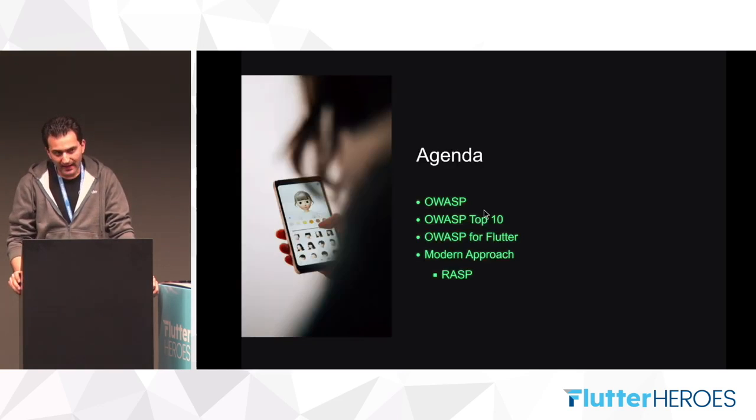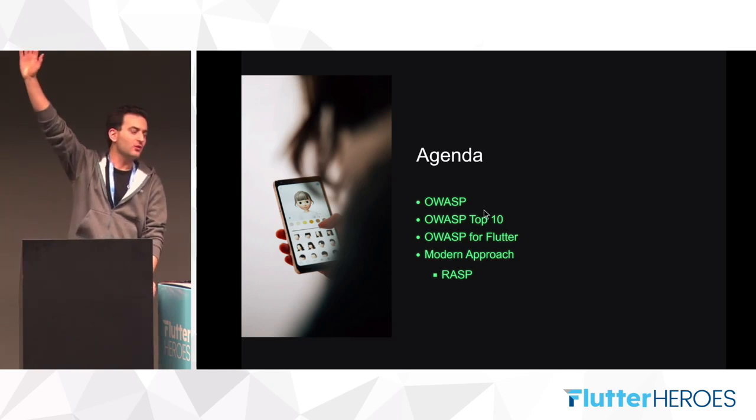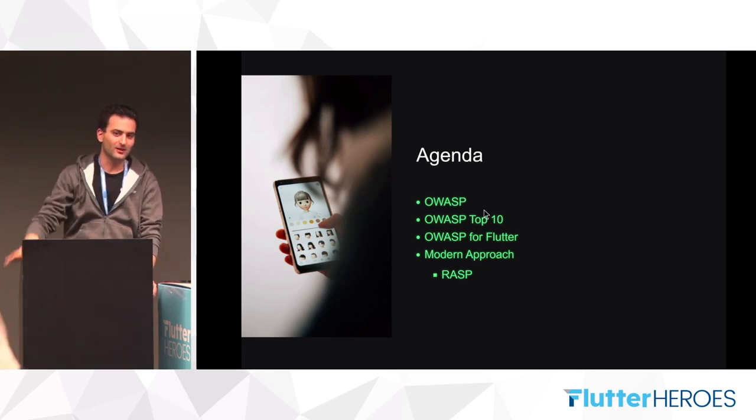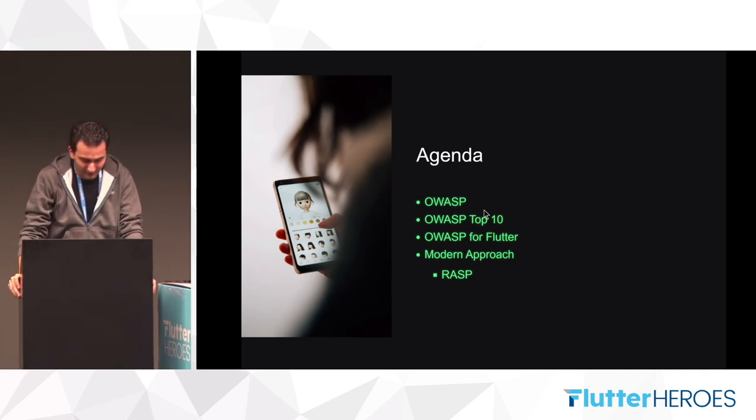So today I'm going to talk about the OWASP standard. How many of you know OWASP already? Okay, good. So it's not even 20% of this room, which is nice. And we're going to go through the top 10 security risks for mobile applications based on OWASP.